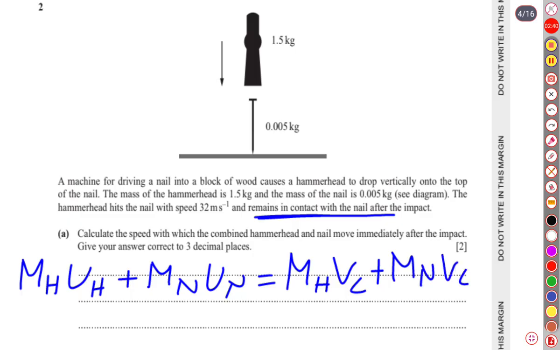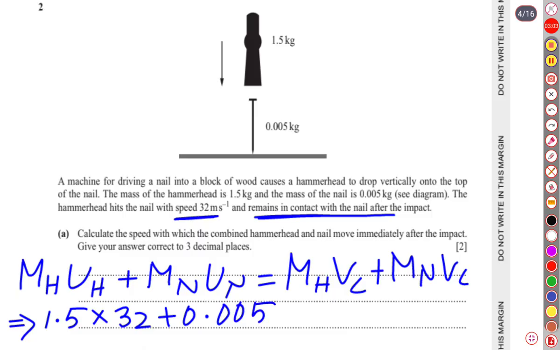Then the mass of the hammerhead is 1.5 kg, and it was hitting at a speed of 32 meters per second. Then the mass of the nail was 0.005 kg, and the nail was at rest.